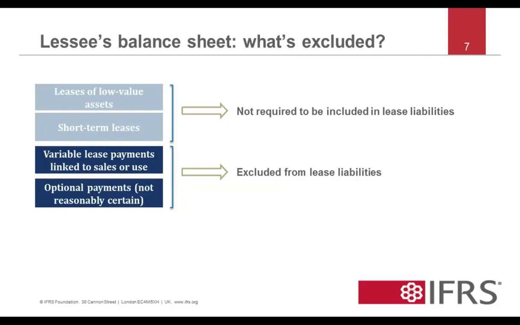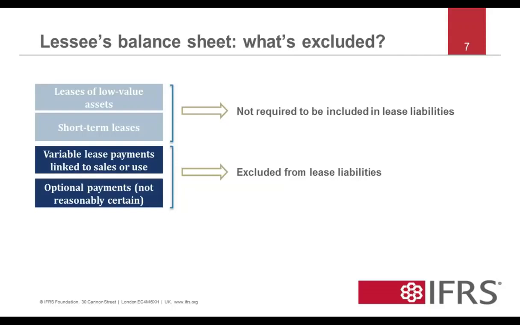The IASB decided to include these exemptions because for these leases, the IASB didn't think that the benefit of recognizing assets and liabilities on the balance sheet outweighed the cost of including them. This is essentially because entities often have very high volumes of these leases, but the assets and liabilities arising from them are often immaterial.